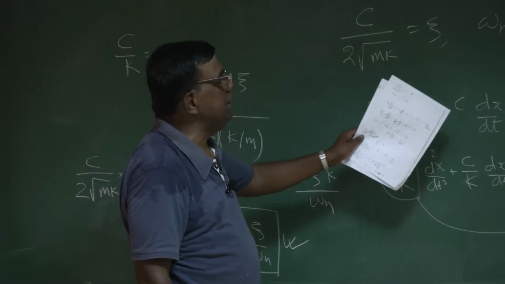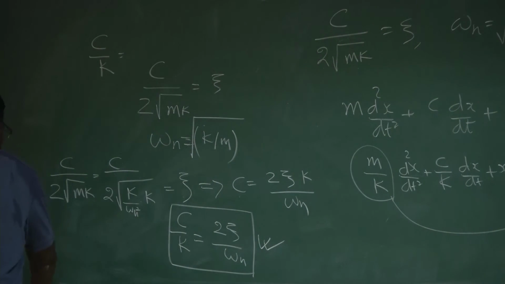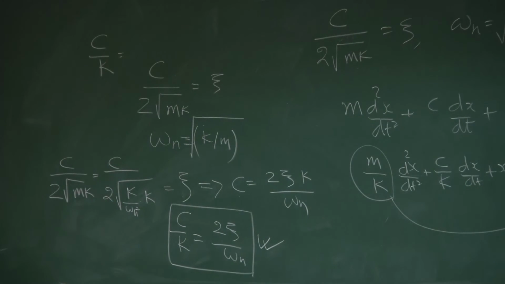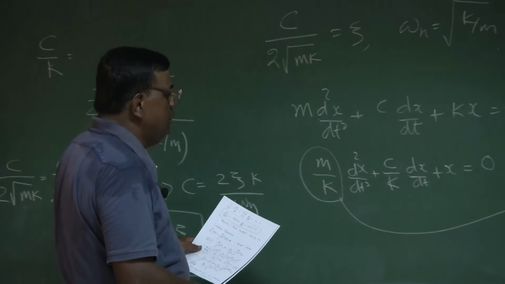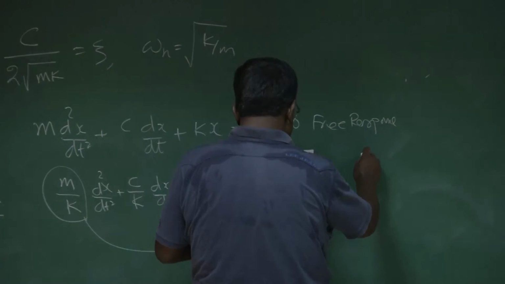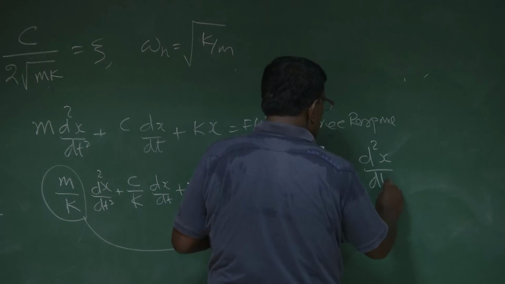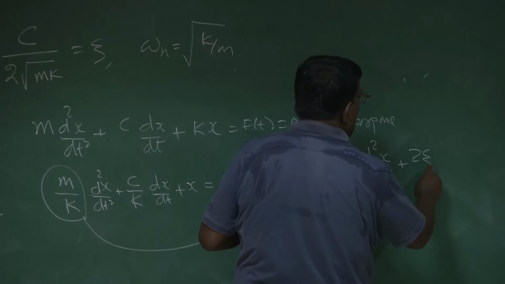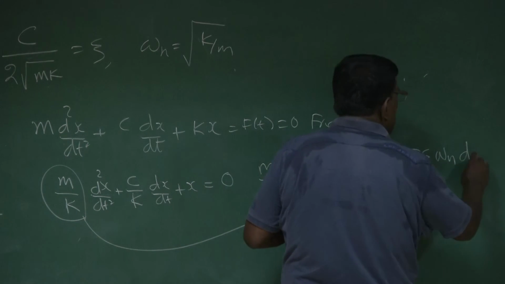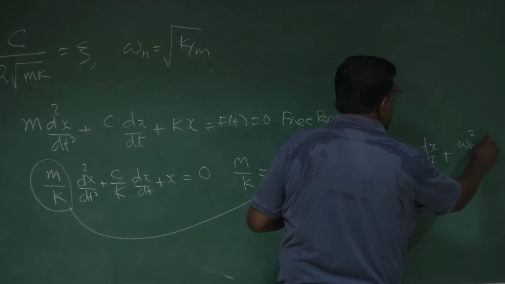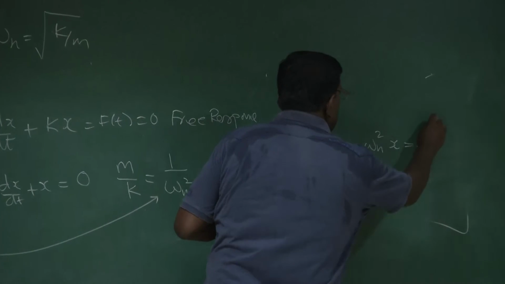Now I substitute it here to get the final equation. So what will happen? If I substitute here, this equation will become d square x by dt square plus 2 zeta omega n dx by dt plus omega n square x is equal to 0.